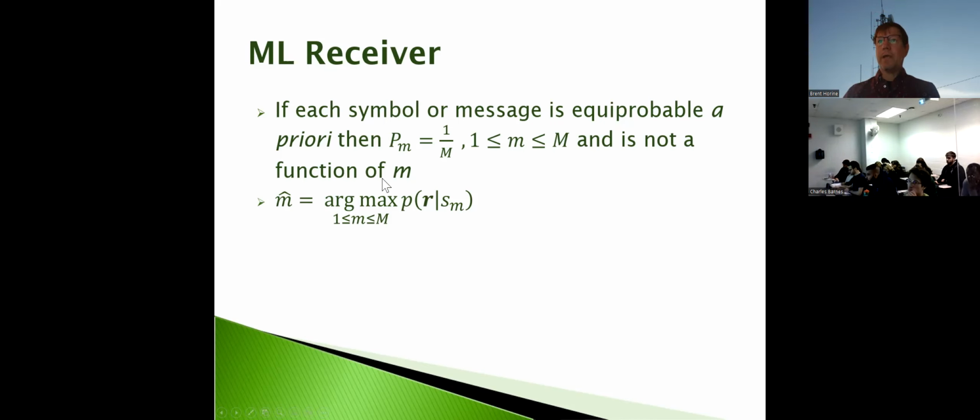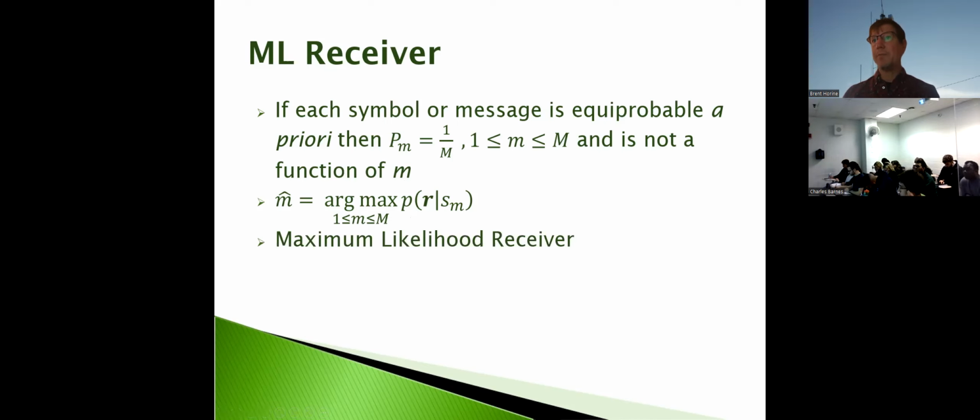That all of these have equal probability. So we can drop that P sub M out of this argmax process. And now it's a little bit simpler. We call this the maximum likelihood receiver. So ML receiver.